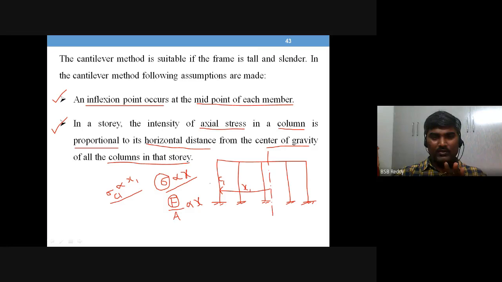When you recall the portal method, when did you calculate column axial load? It was the last step. We started with column shear. Now you are starting with column axial loads. Once you know column axial load, what is the connecting quantity you are able to calculate? Beam shear.